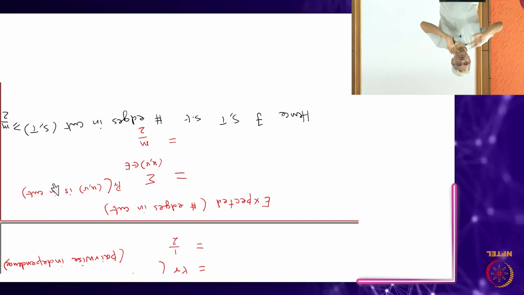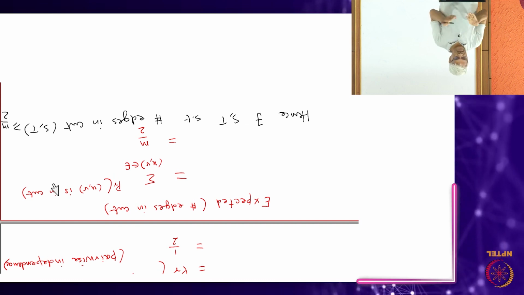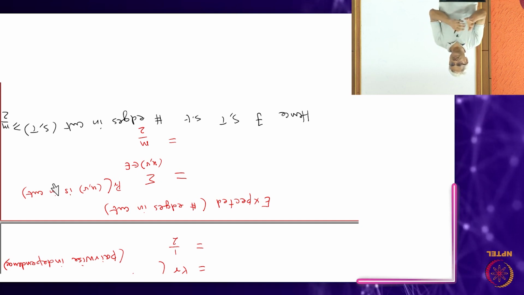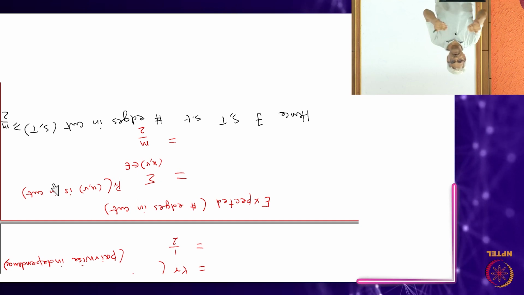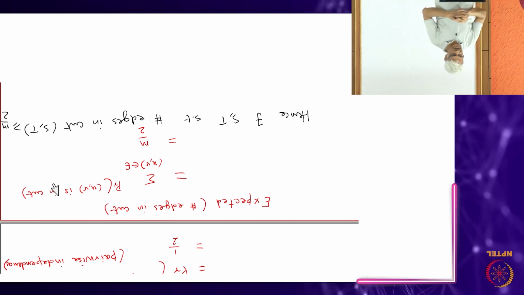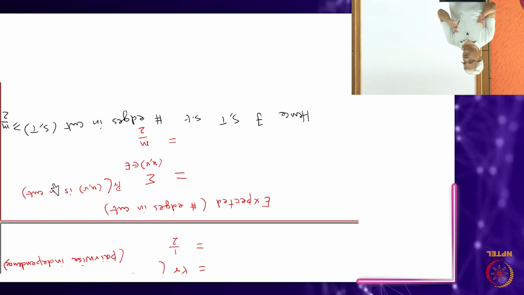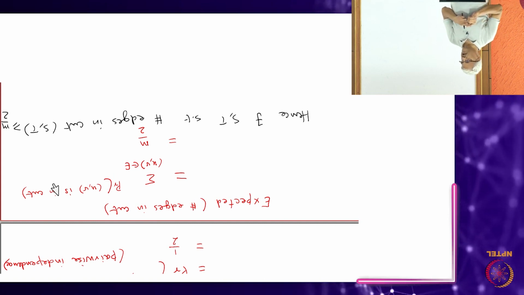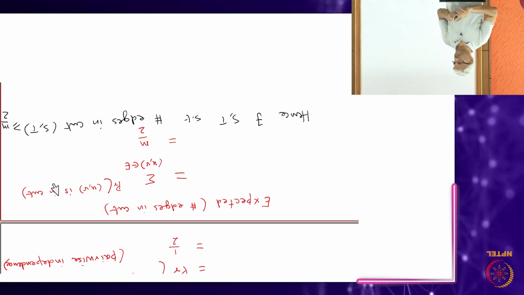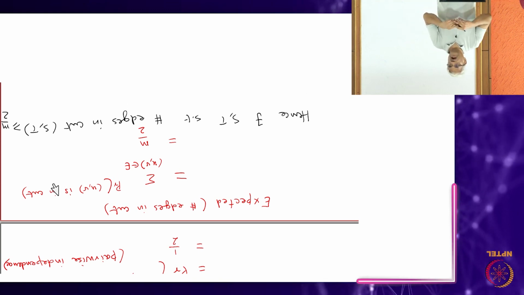So, if the average over all possible ST partitions is m over 2, there must be one partition where the number of edges is at least m over 2, because if everybody is less, the average cannot be. That is all. So, there exists a cut where the number of edges across the cut is at least m over 2. Okay.